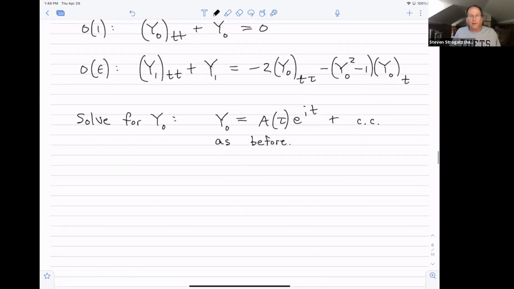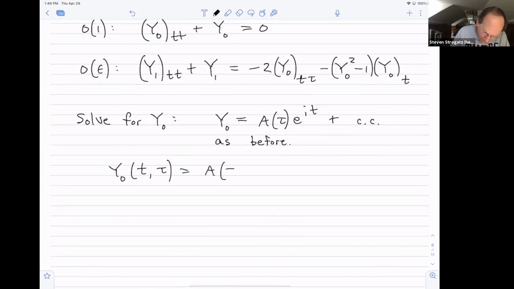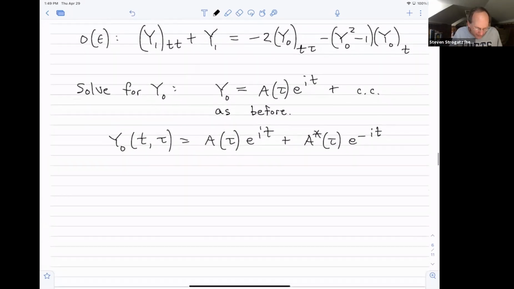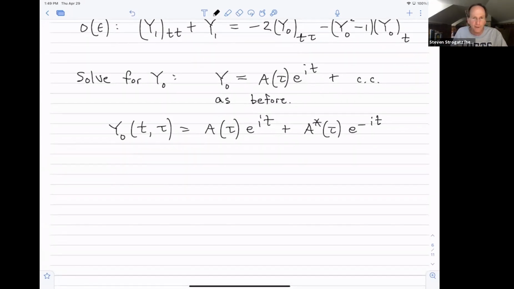Actually, it's a little bit helpful here to be more explicit about the complex conjugate. So I'm going to write that out. Y0 of t, tau is a of tau e to the it plus a star of tau e to the minus it. The reason I'm writing it that way is because when I deal with the cubic terms, it's going to be convenient to have the a star available. I find it easier to see what's happening in the nonlinearity.